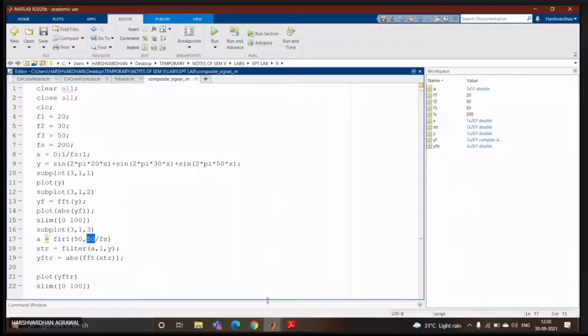What is written there? It is divided by sampling frequency by 2, sir. Means fs by 2. Then you have to put fs by 2. Yes, sir. I'll do it 100 by fs, sir. We'll get fs by 2 then. I did it.